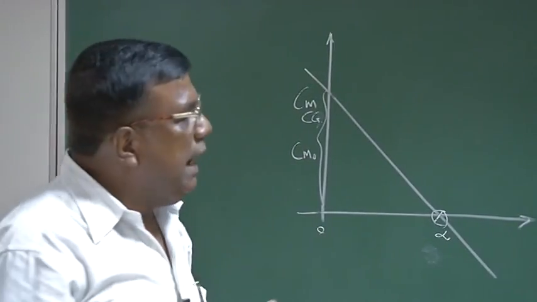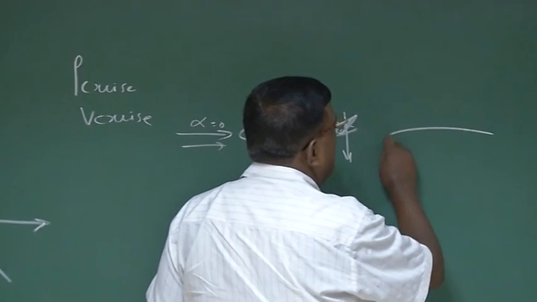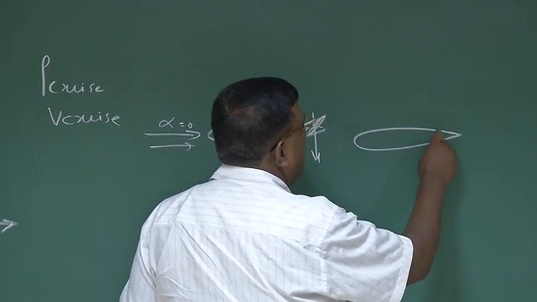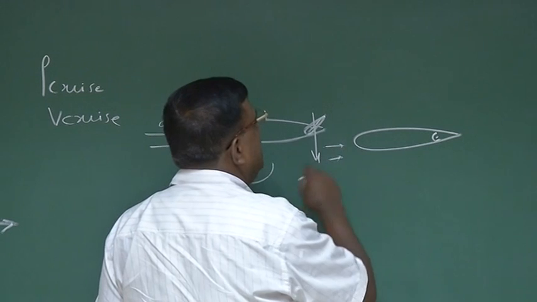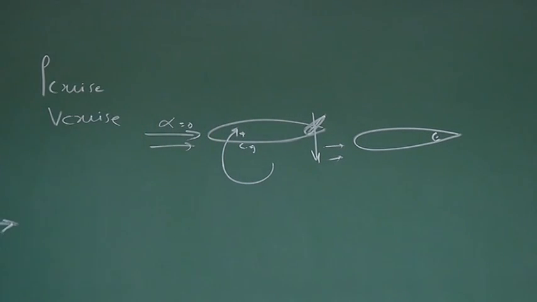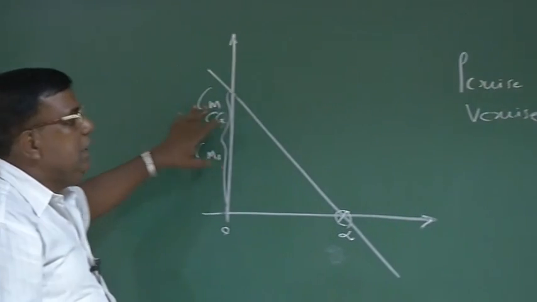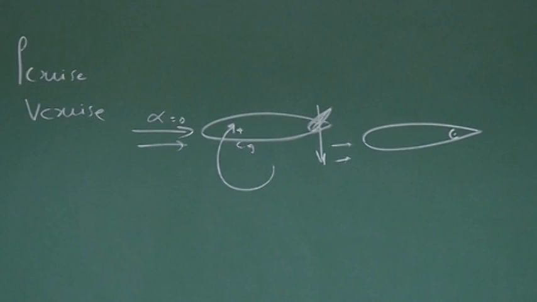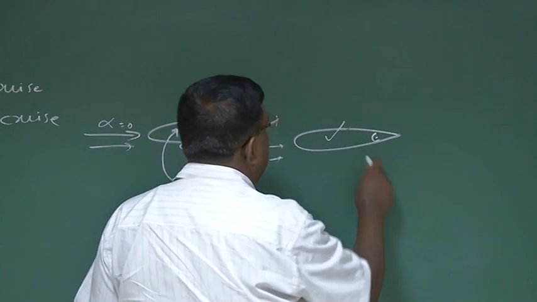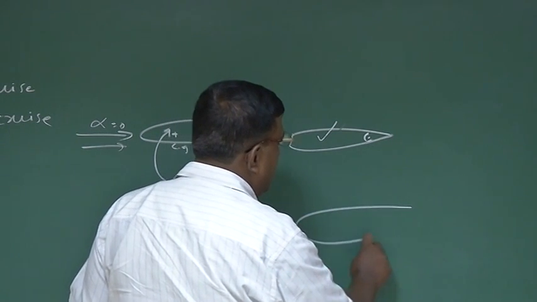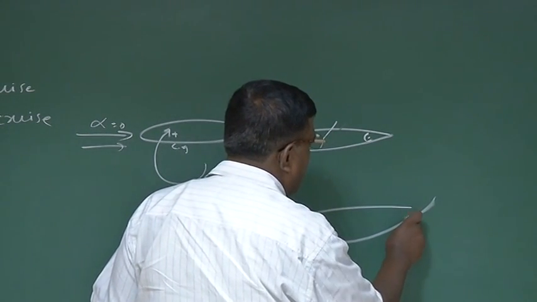So what would you like? We should look for a design so that this flying wing will fly and by itself it should generate positive Cm0 even when delta E is not deflected. And by now you know how it can be done. It cannot be done for a symmetric configuration, but it could be done for a reflex aerofoil.